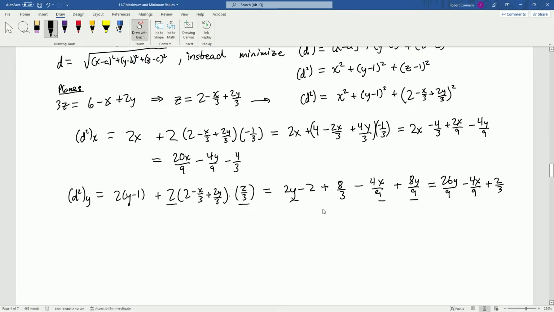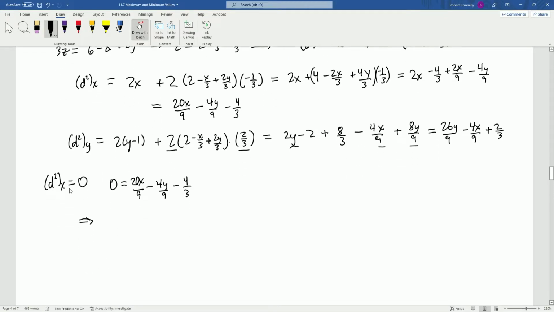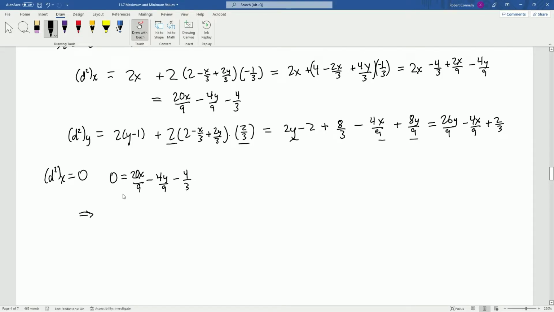Okay, so next step here is to set each of these things equal to 0 and solve away. So if I set my derivative with respect to x equal to 0, we get 0 equals 20x over 9 minus 4y over 9 minus 4/3. So I'm going to add this 4/9 of y across.